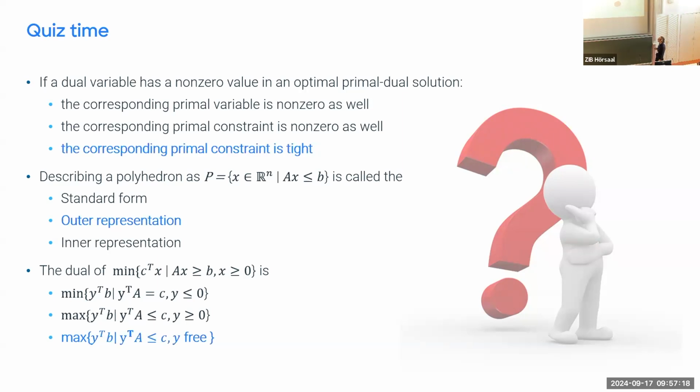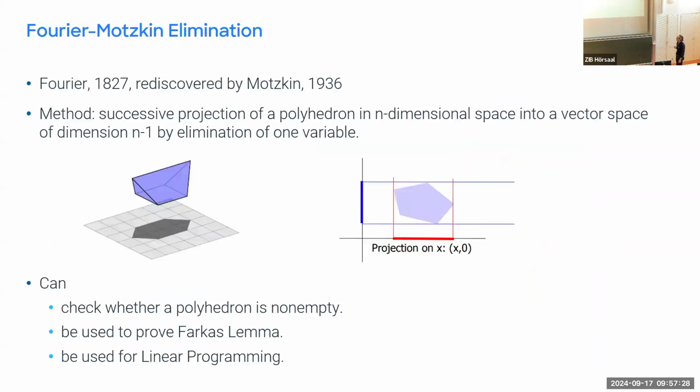Okay, then I have 5 more minutes to tell you a bit about algorithms and introduce what then Julian will continue in more detail with the simplex method. First of all, you've already heard the method of Fourier rediscovered by Motzkin, which is basically successive projection of a polyhedron onto an n-1 dimensional space, so eliminating one variable.